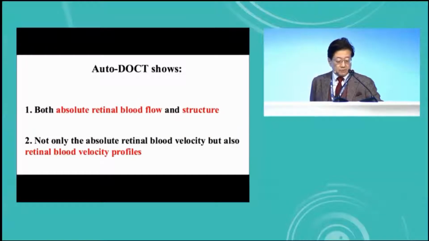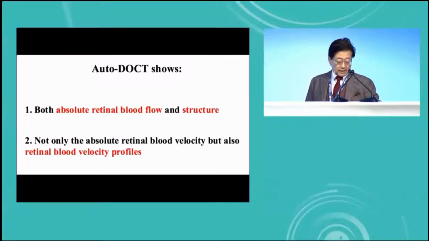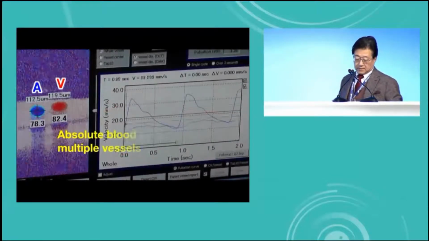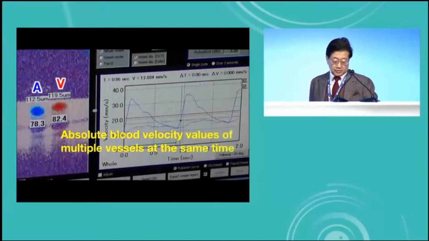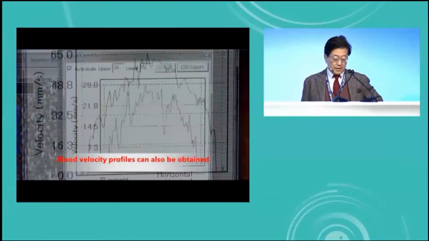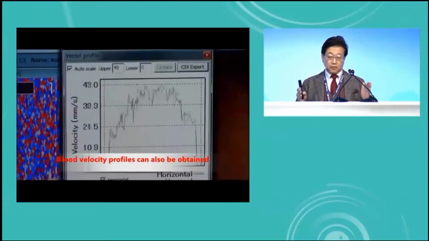This technique shows both absolute retinal blood flow and structure, but not only this, we can get retinal blood velocity profiles. I will show you later. This is the absolute blood velocity value, for multiple vessels at the same time. This is the blood velocity profile inside the vessel.